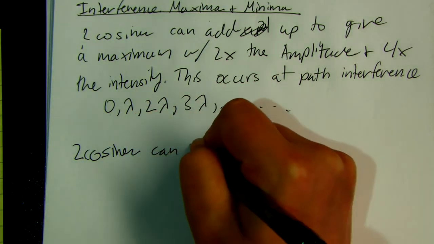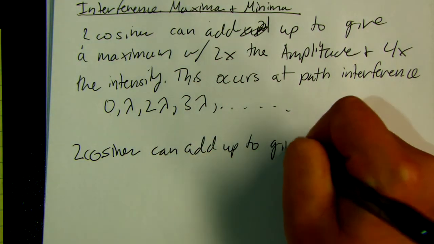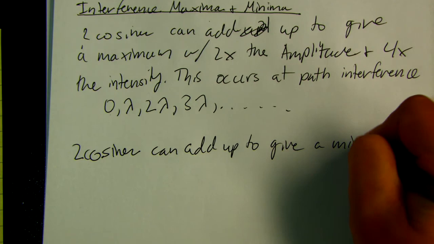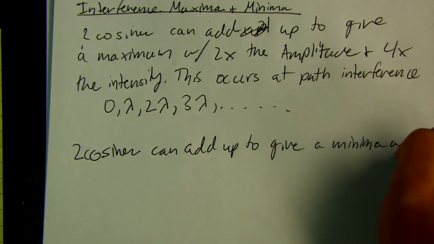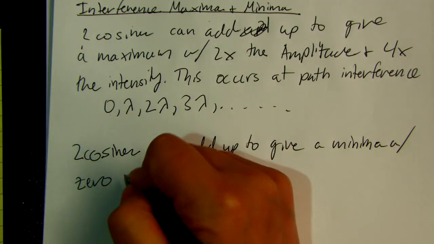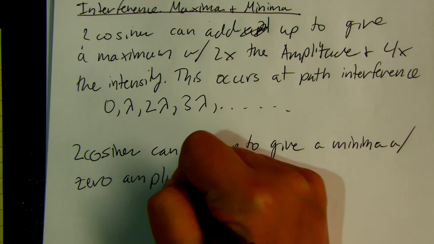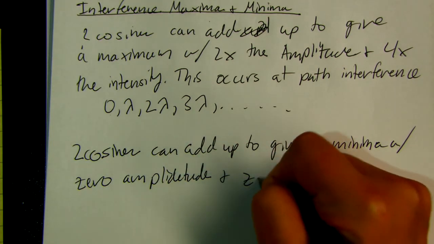Also, 2 cosines can add up to give a minima with 0 amplitude and 0 intensity.